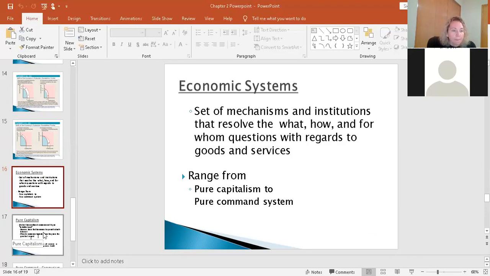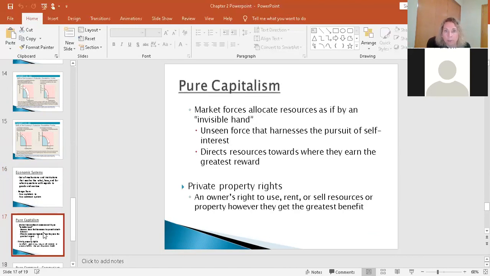All right, so let's talk about pure capitalism first. This is in its purest form. In its purest form, capitalism would be a system in which market forces, which are natural market forces, which happen in an economy just because of natural human behavior and decision making, would allocate resources as if by invisible hand.